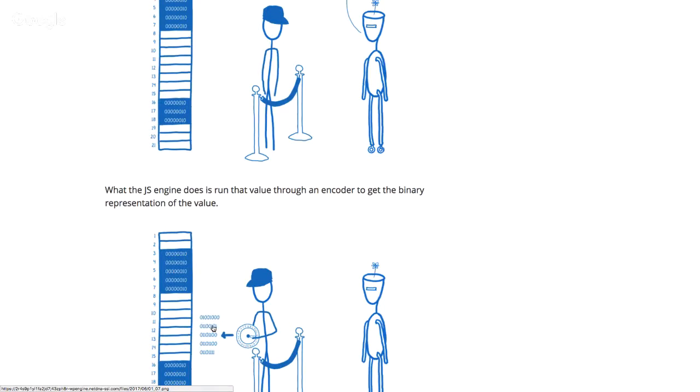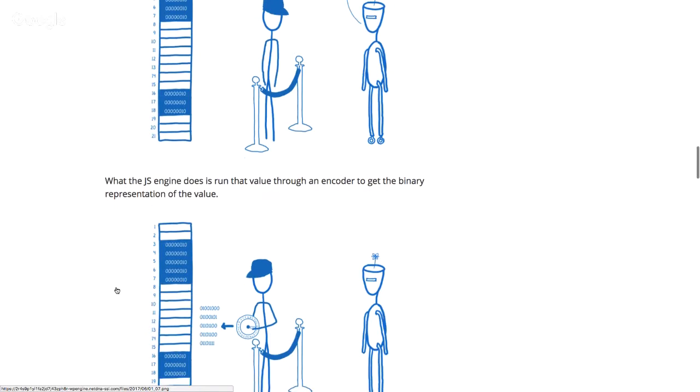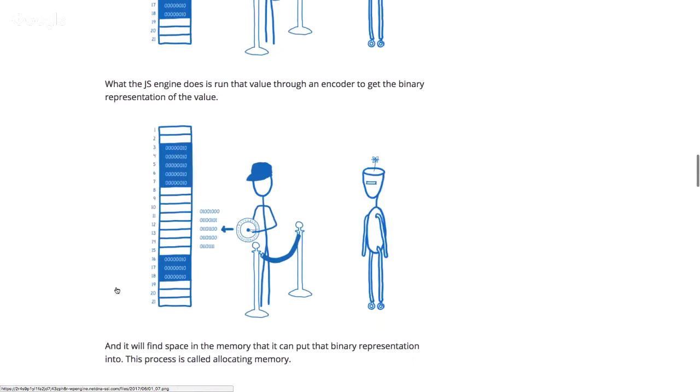The topmost one is H, the second one is E, the third one is L, the fourth one is also L, and the fifth one is O. So the JavaScript engine is encoding each character in the string, and then storing the encoded values in memory. It will find space in memory that it can put the binary representation into. This process is called allocating memory.